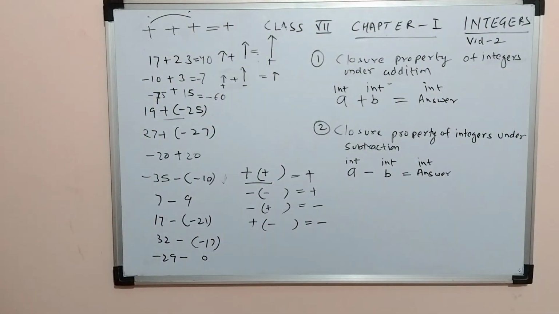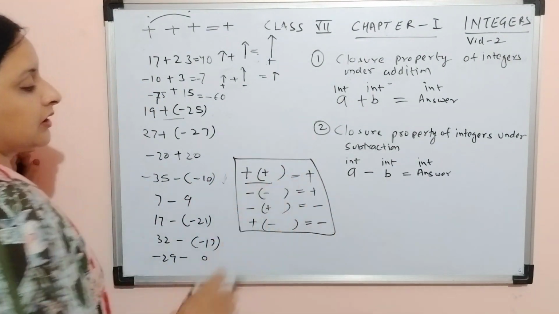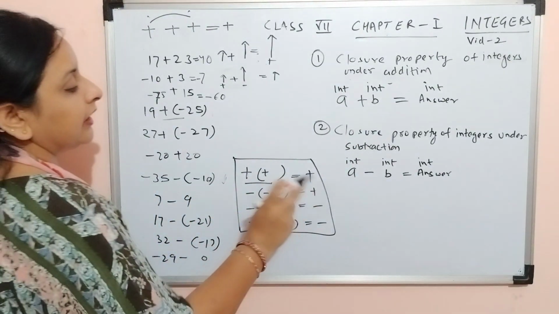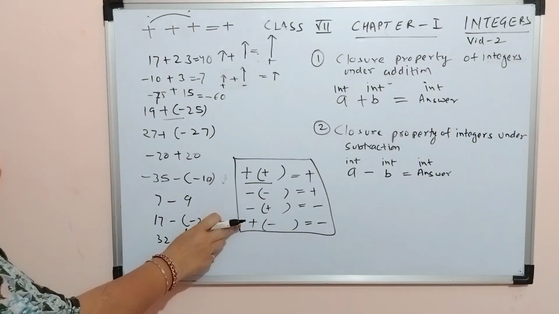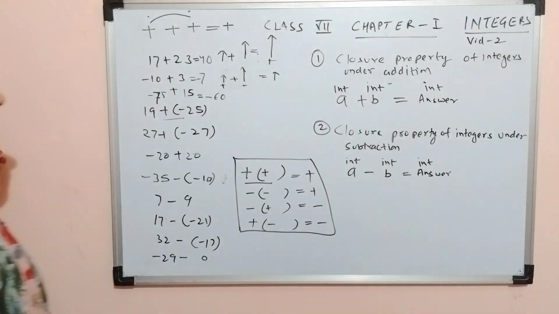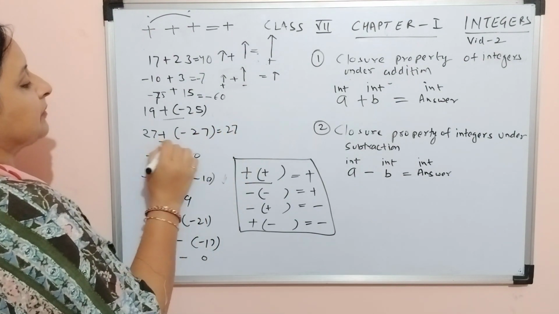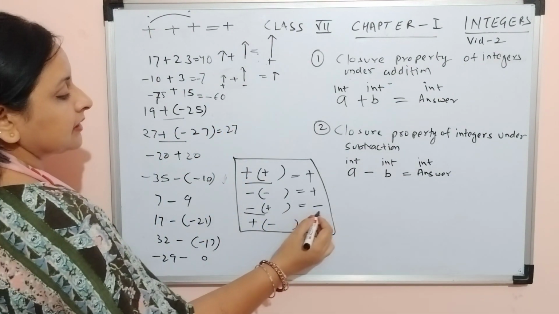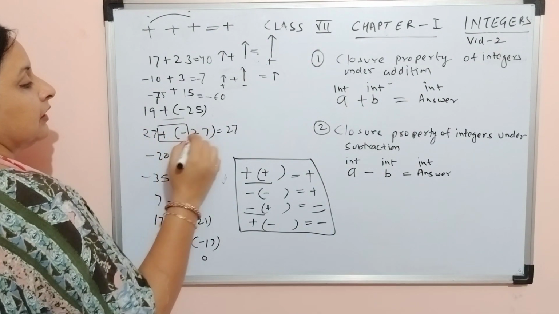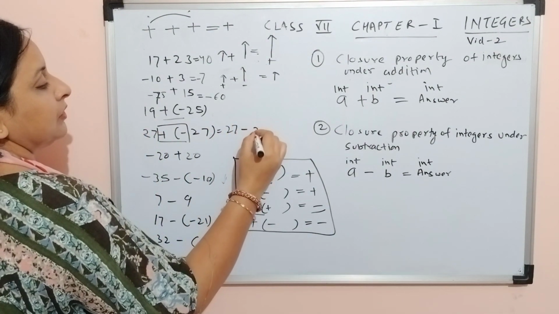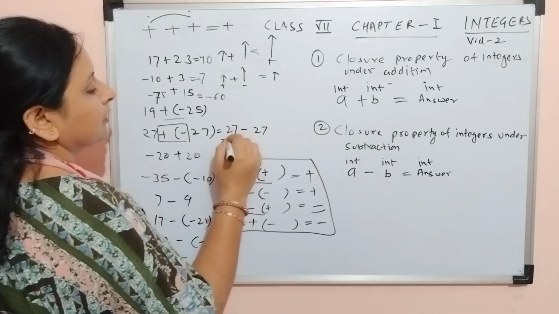You can note down these points. Positive multiplied with positive is positive. Negative multiplied with negative is positive. Negative multiplied with positive is negative, and positive multiplied with negative is negative. So you can write the sum as 27 plus minus, which is minus. Instead of these two signs you can write minus 27, and 27 minus 27 is 0.